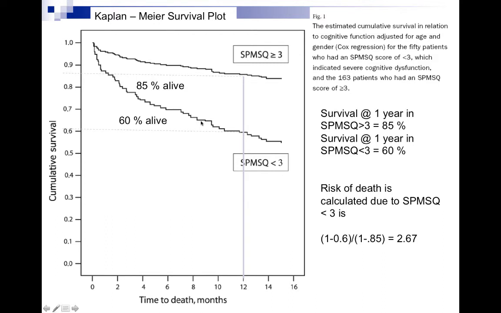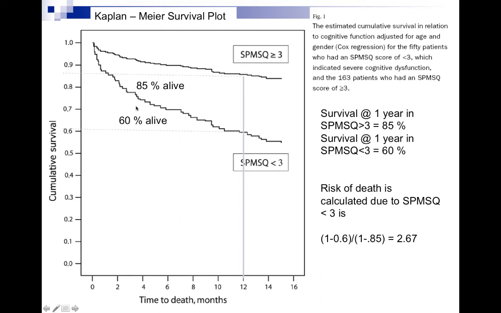So this projects a high negative outcome for people with delirium, and in terms of an odds ratio, this is significant. It's an important factor to consider in patients when they present after hip fracture.